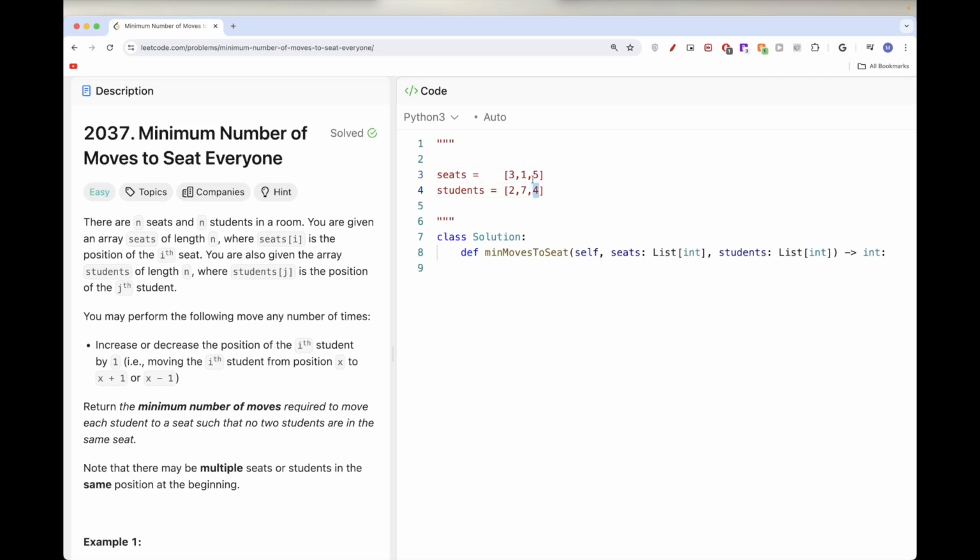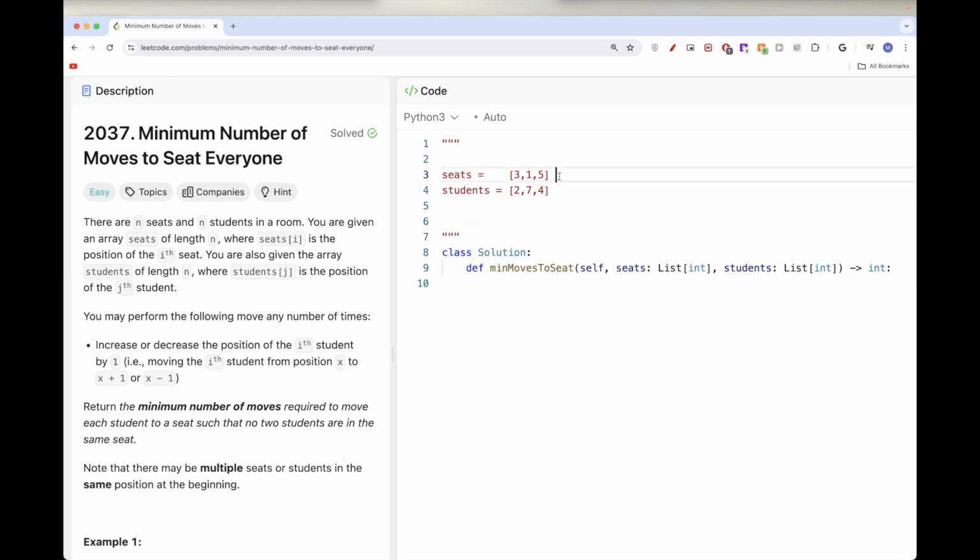Now, how do we do that? Well, we can just sort both arrays. That way, we handle the smallest elements first, because that's exactly what we want to do here. We want to give 2 the smallest element of seats so that the next, bigger student gets the next seat, right? So what we want to do is first sort.